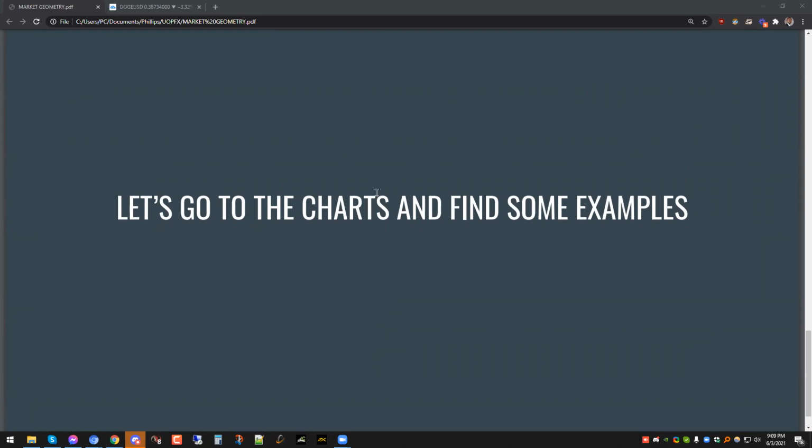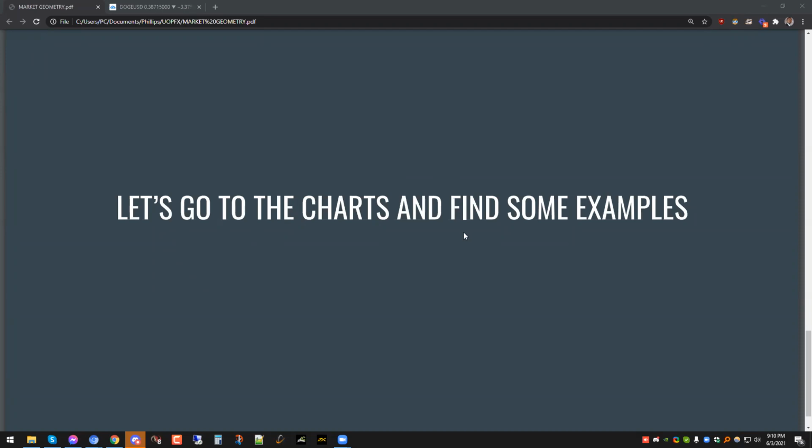So let's have a look at our chart and see if we can find some of these AB equals CD patterns or ABC patterns or even 5-wave impulse moves. We can also find measured moves in WXY formations. We can find them in flat patterns. We can find them in almost every wave pattern that exists currently.